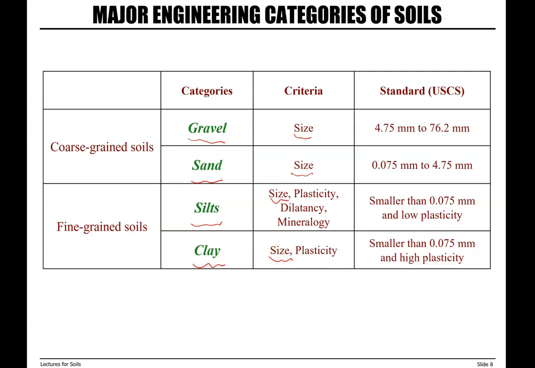Particles larger than 0.075 millimeter are considered or referred to as coarse grain soil.